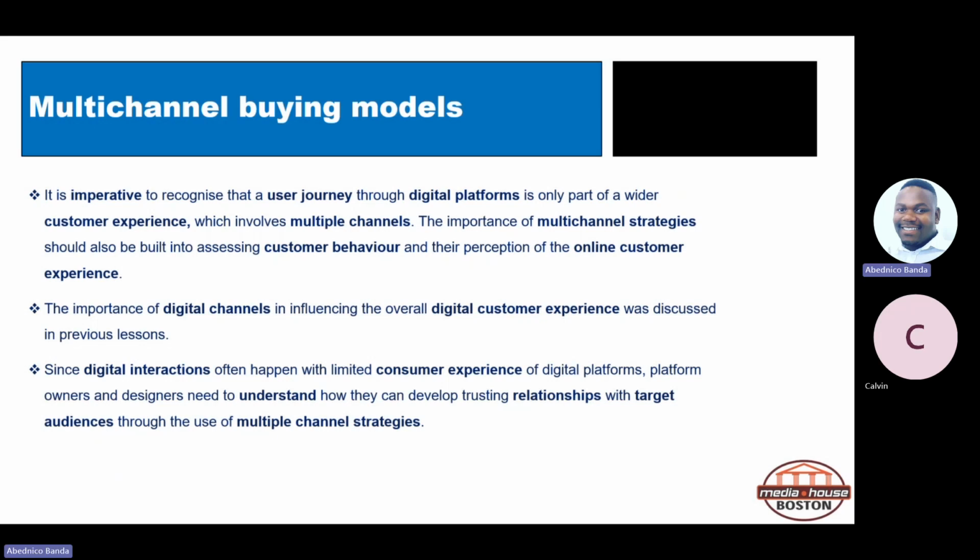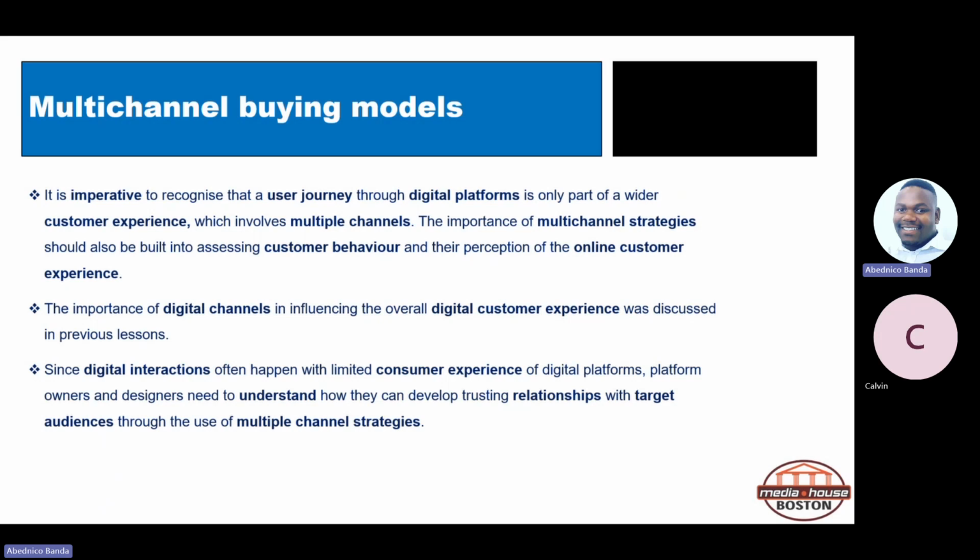Then, of course, you cannot talk about the buying process if we do not understand multi-channel buying models. You need to understand what influences people to buy and from which channels these people are buying. So it is imperative to recognize that a user journey through a digital platform is only part of a wider customer experience which involves multiple channels.